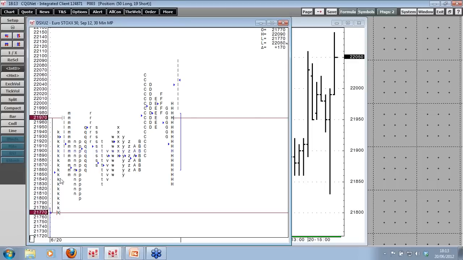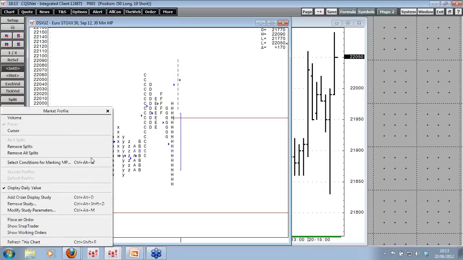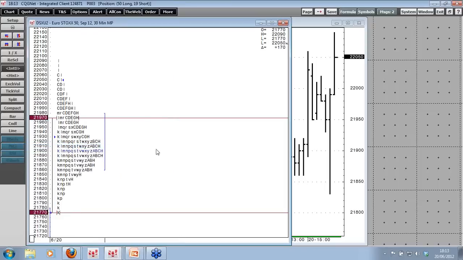That is our initial balance. This software also shows a black line displaying that initial balance. So when I take the splits out and see the profile, I can see I've got my reference points for my initial balance. Okay, we'll come back to trading using that in a minute.